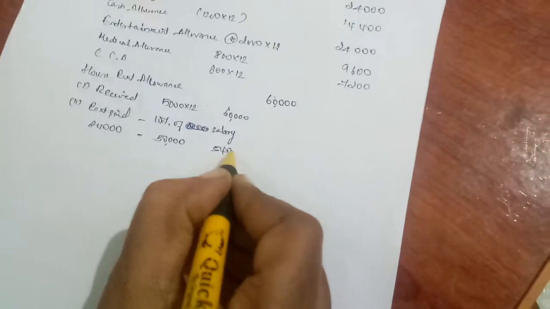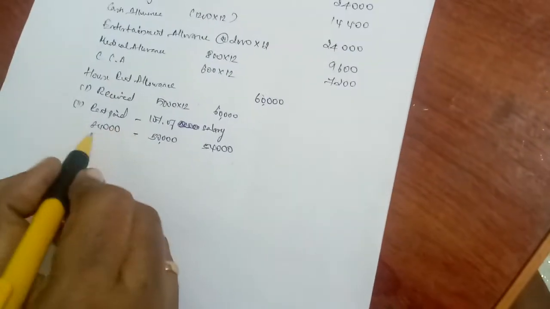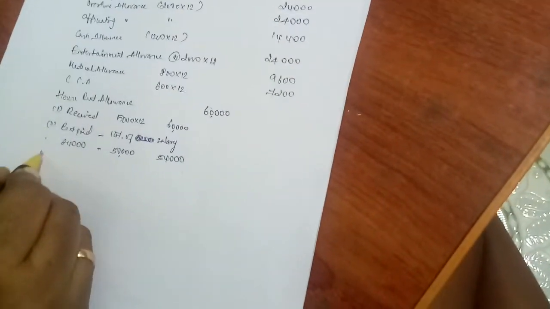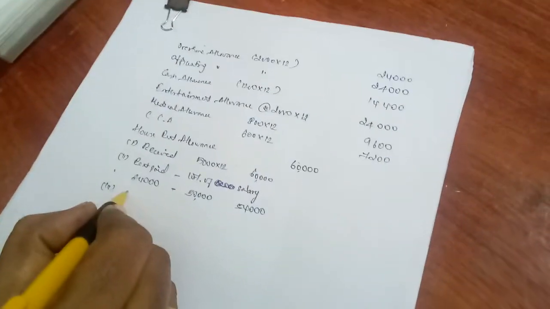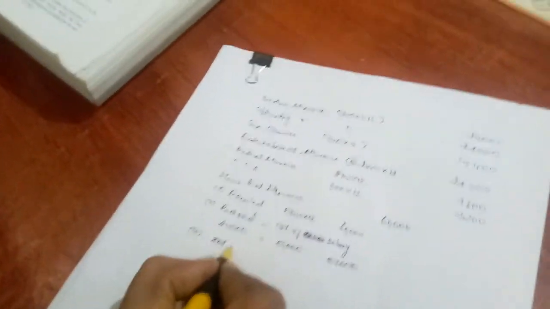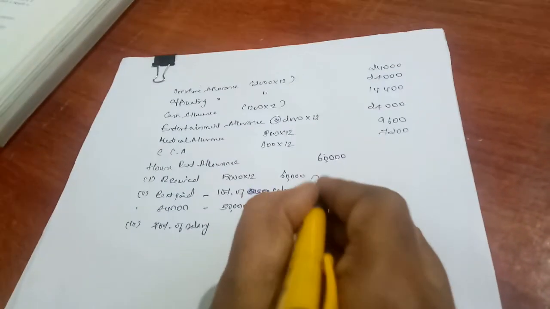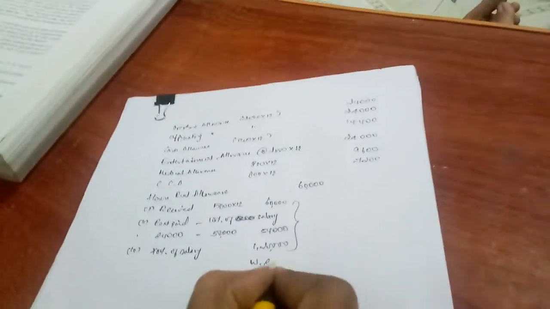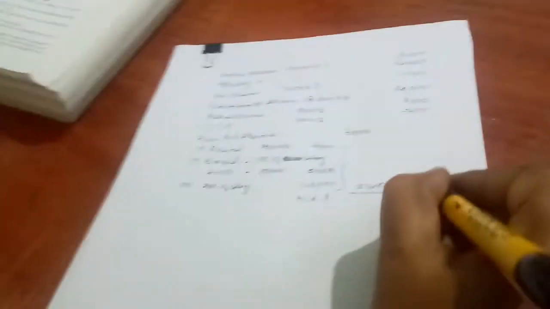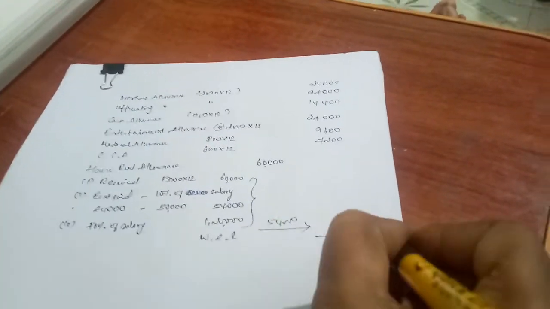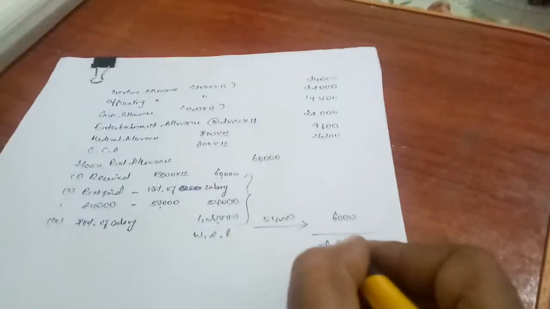So 54,000, and 40% of salary, since he is living in Hyderabad. So 3 lakh into 40%, 1,20,000, in which we are taking whichever is less. So 54,000 is less. The balance portion is taxable, that is 6,000.